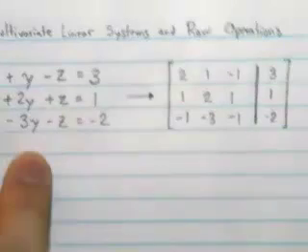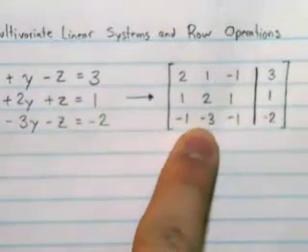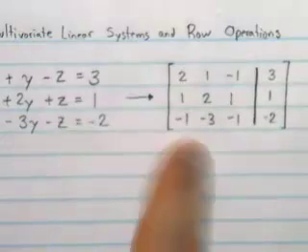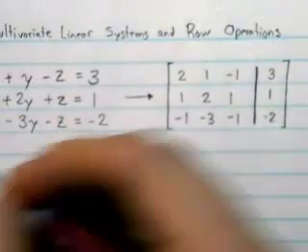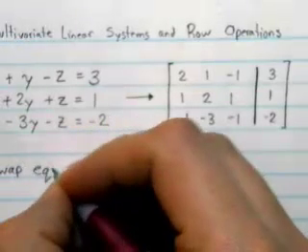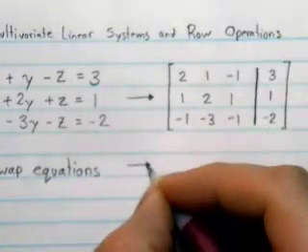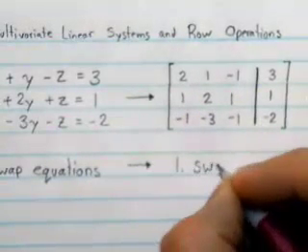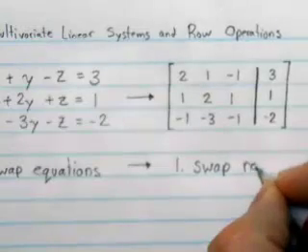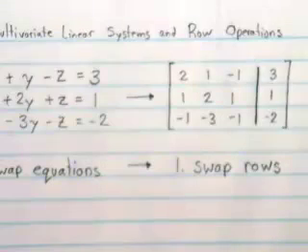So the order the equations are written, over here I have rows without any trouble. So number one: since we can swap equations, then over here I'm allowed to swap rows. You have to swap the whole row. Yes, it all comes along with it.